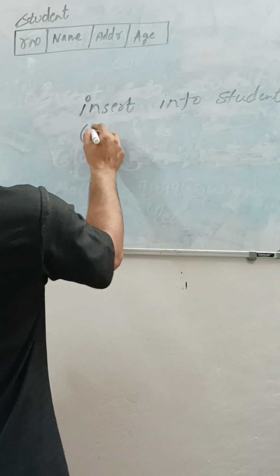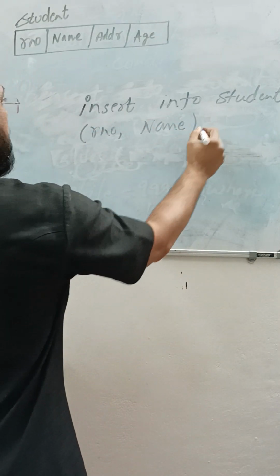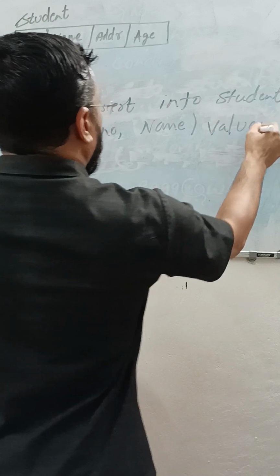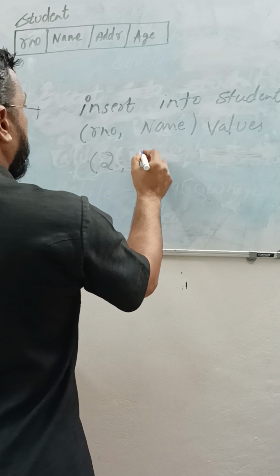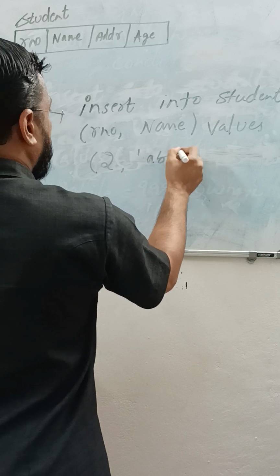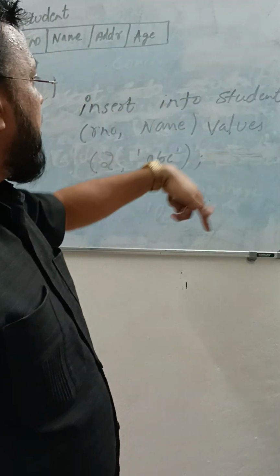So you can just write roll number comma name, then values, so just write 2 and some name. So like this, this statement will also work.